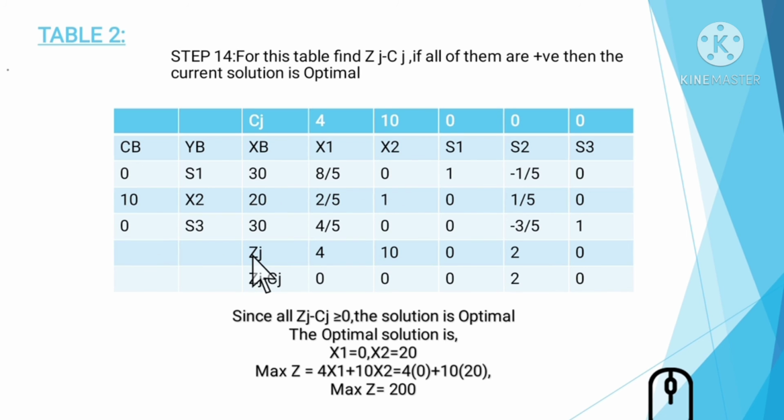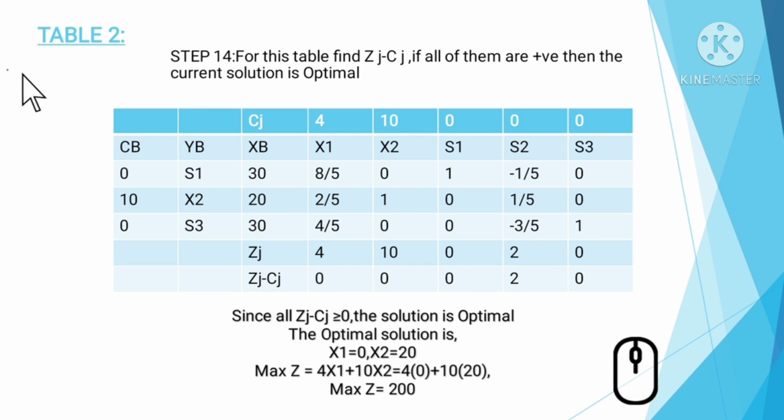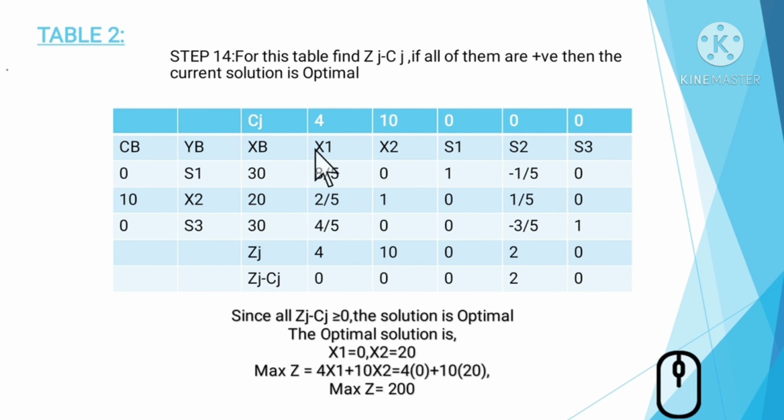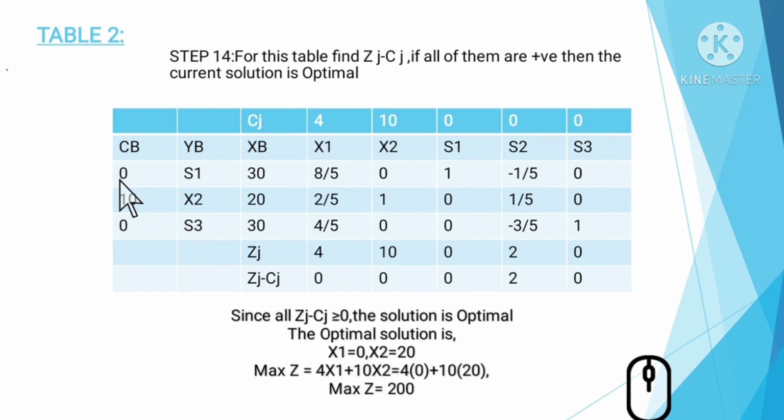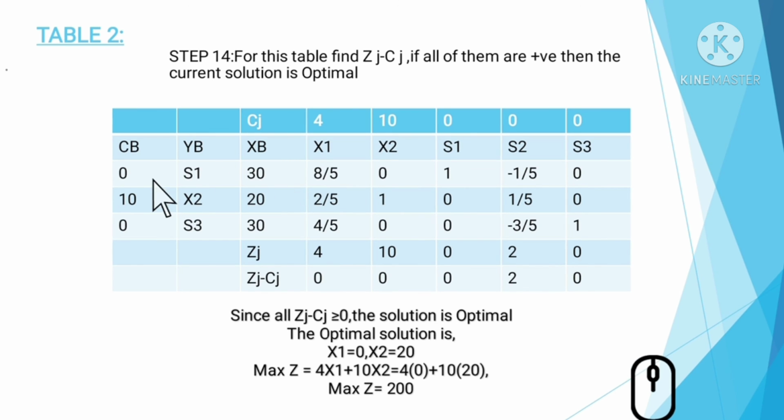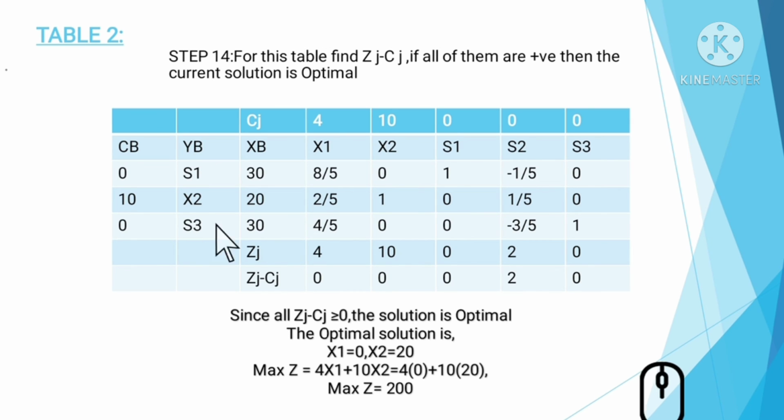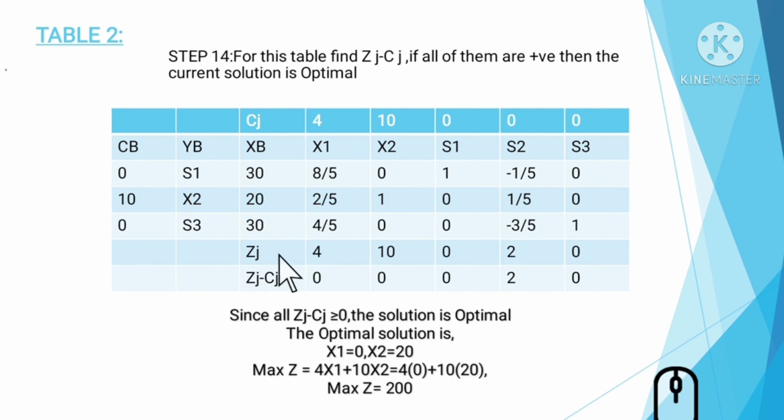We are going to find Zj. Zj is nothing but multiplying the columns of CB with the columns of x1 first. So CB 0 into 8 by 5 plus 10 into 2 by 5 plus 0 into 4 by 5 is 4.